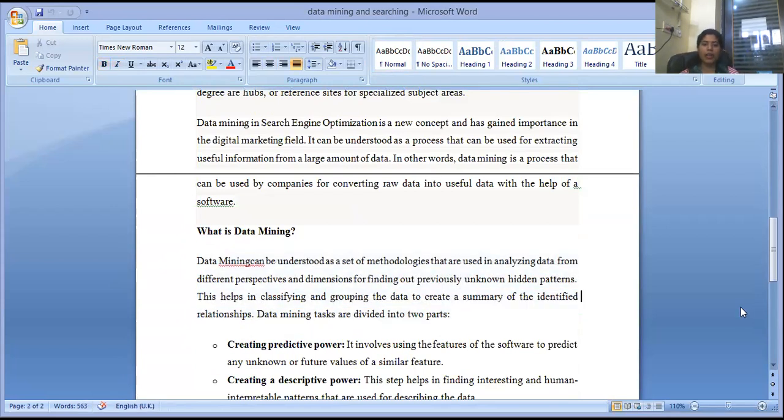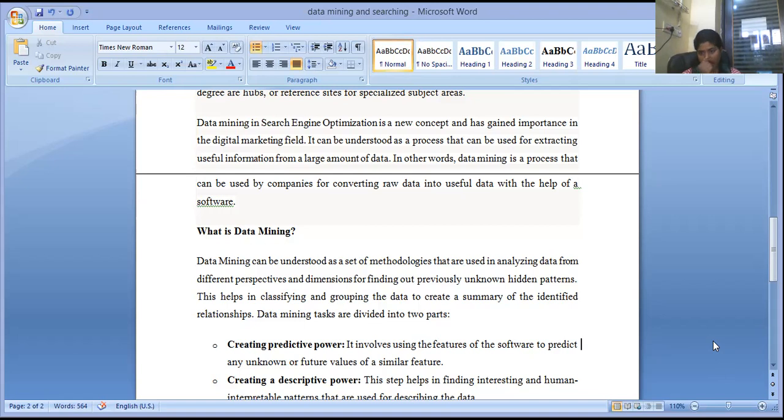Data mining can be understood as a set of methodologies used in analyzing data from different perspectives and dimensions for finding out previously unknown hidden patterns in data.